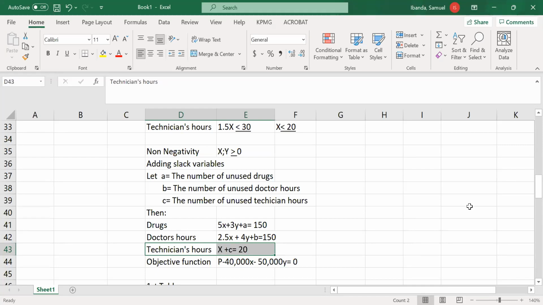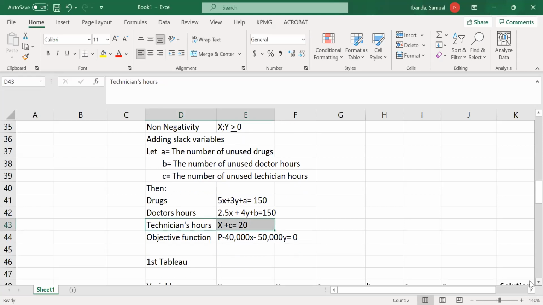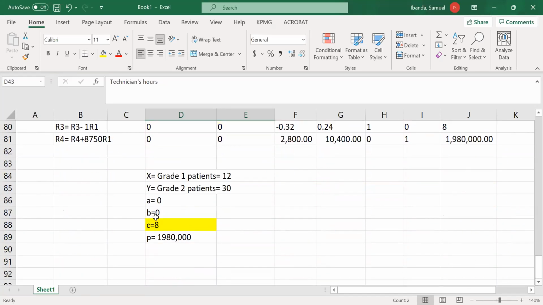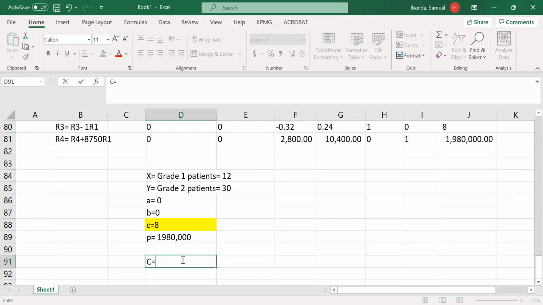So C that we have gotten, which is the number of hours under labor technician, is our spare capacity. Basically what you can call the redundancy. This C, which is equal to 8 hours.